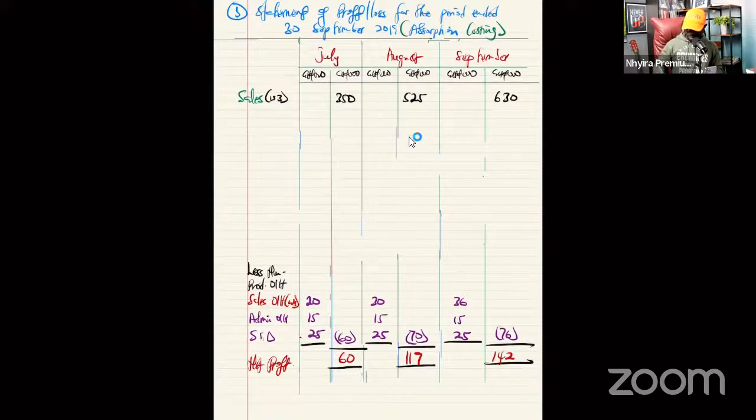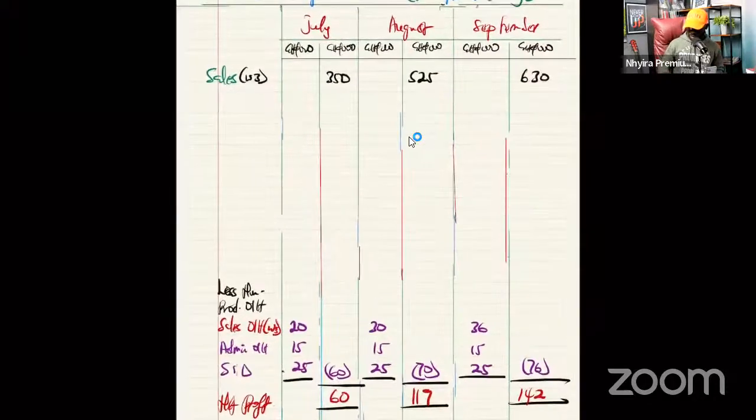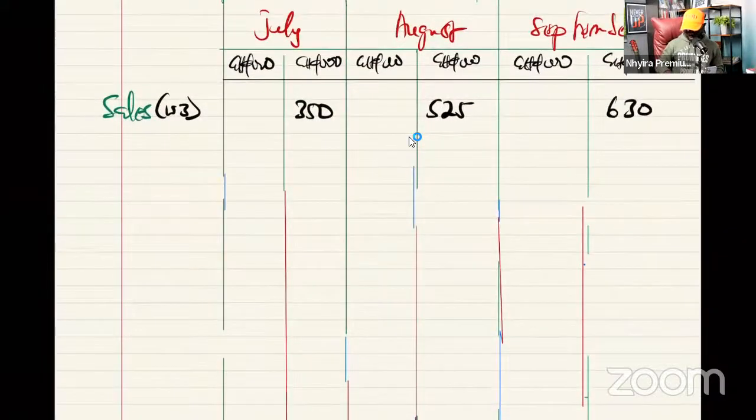The opening and closing will affect up to the gross profit. Not affect the figure, but affect the presentation up to the gross profit. So our sales is the same. So we're going to say less cost of sales. Stay with me carefully. So we're going to bring opening stock.